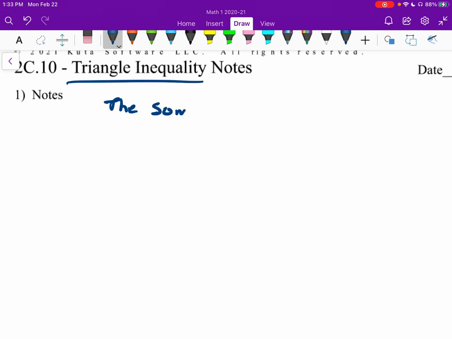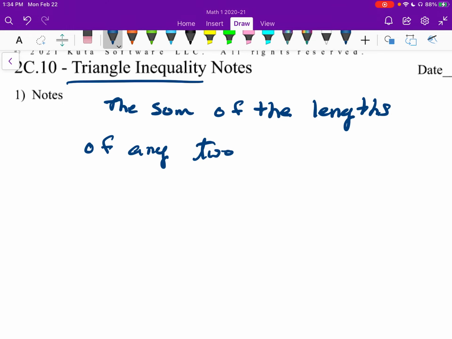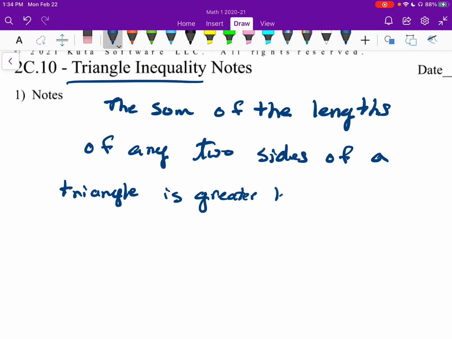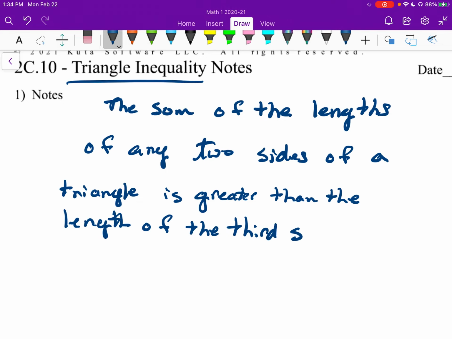The sum, that means adding, the sum of the lengths of any two sides of a triangle is greater than the length of the third side.